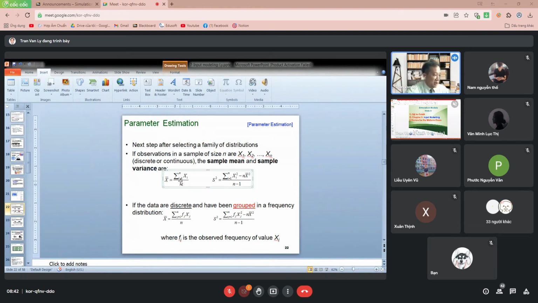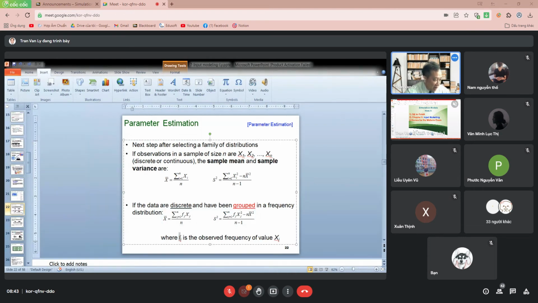So the formula here is for the mean and for the variance, on the left-hand side and the right-hand side respectively. And if it is discrete and we have grouped the frequency of distribution also, over there is the formula for you.